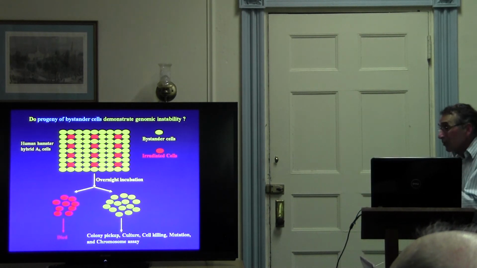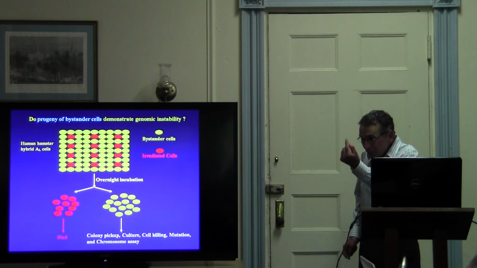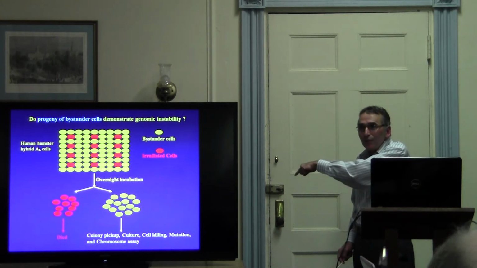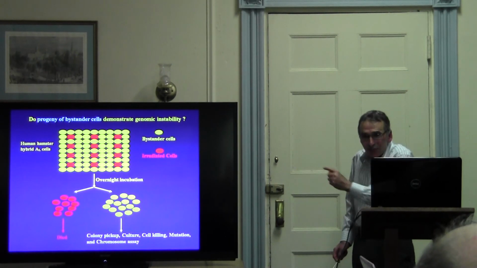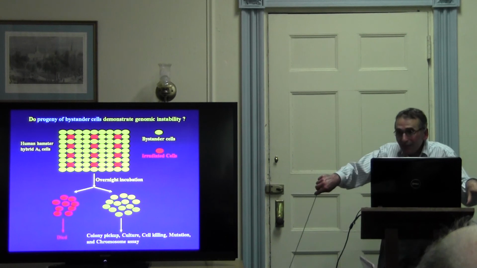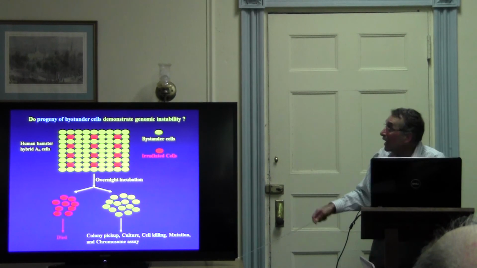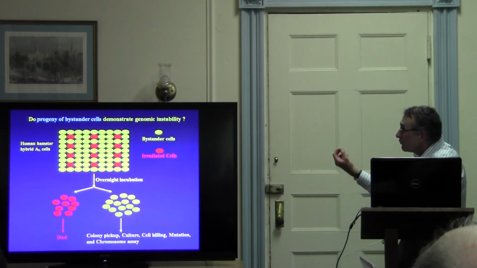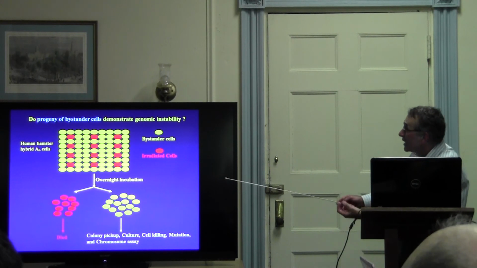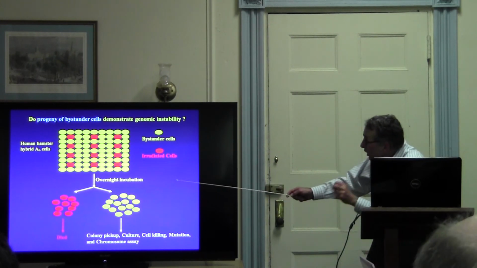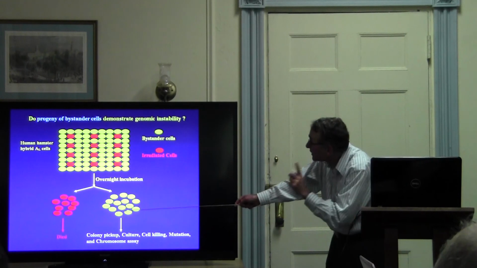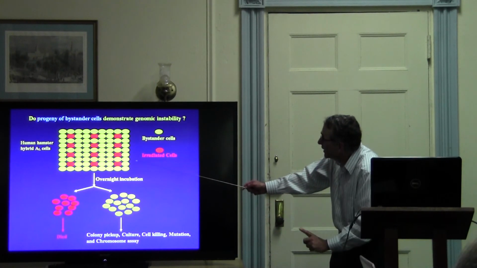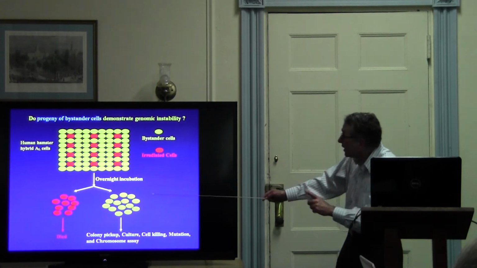The idea that we see a hit through the cytoplasm induces genomic DNA damage, it induces a bystander effect. How about the progeny of bystander cells, when the hit cells received only a hit through the cytoplasm?